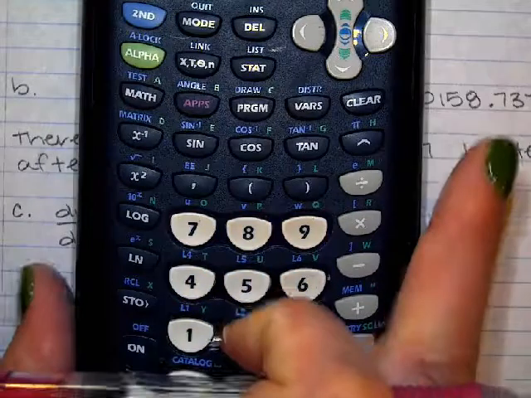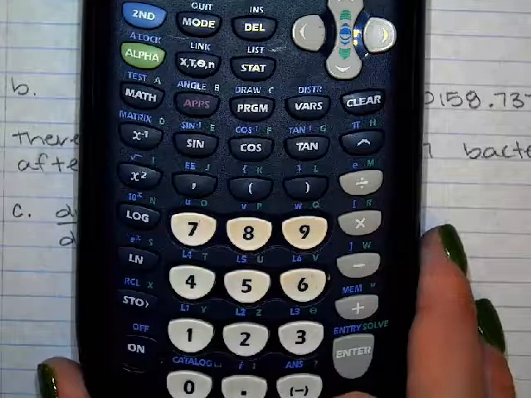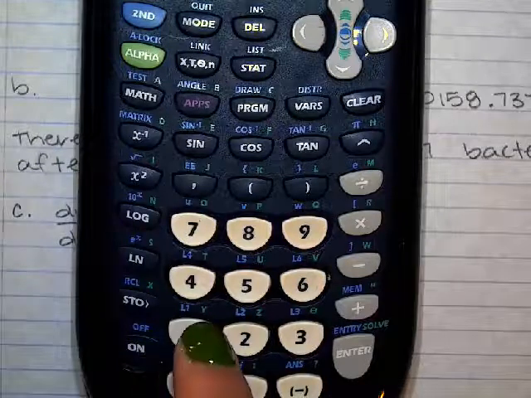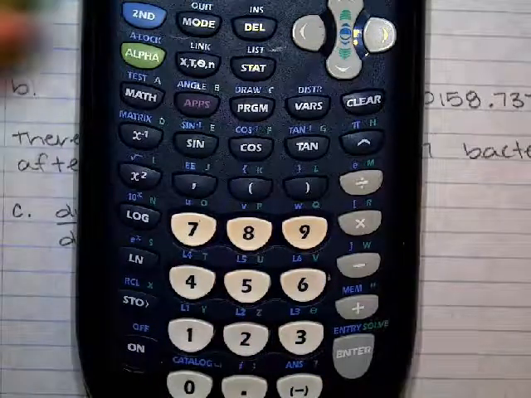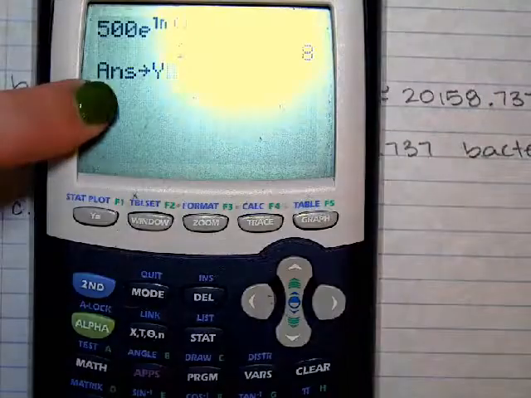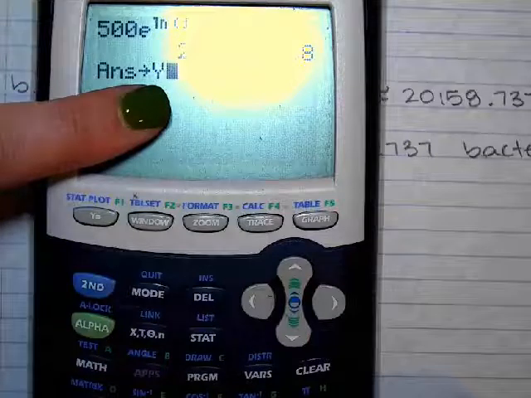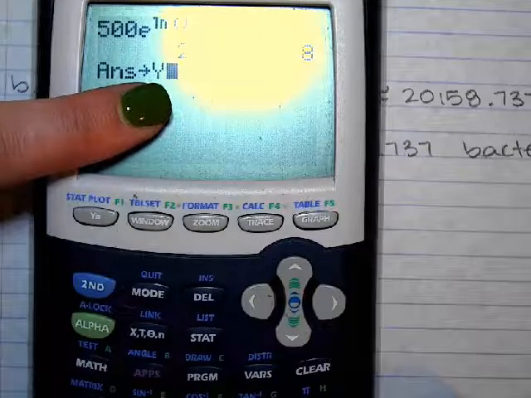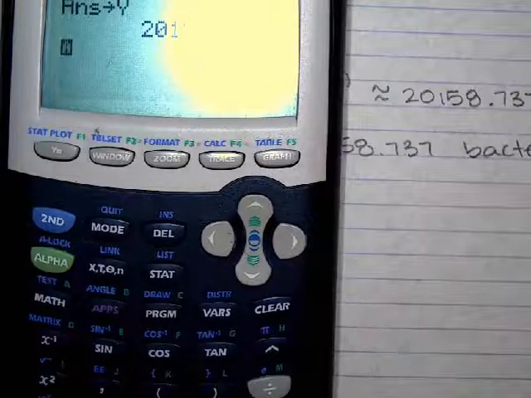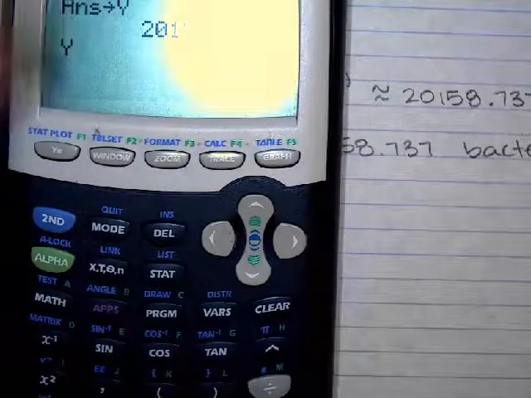Where's the Y? It's number 1. So Y is green. So now I'm going to hit alpha 1. So it's going to say I'm taking my previous answer and I'm storing it as Y. So now anytime I hit alpha 1, anytime I hit Y, it's going to use that stored number. Does that make sense? Okay.